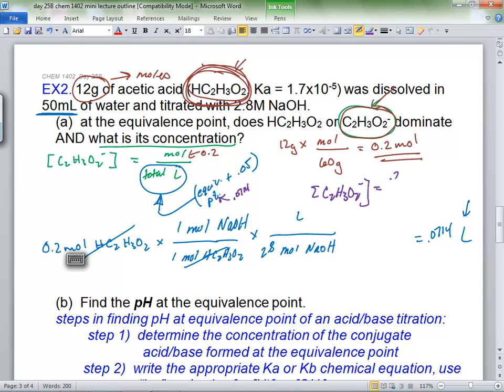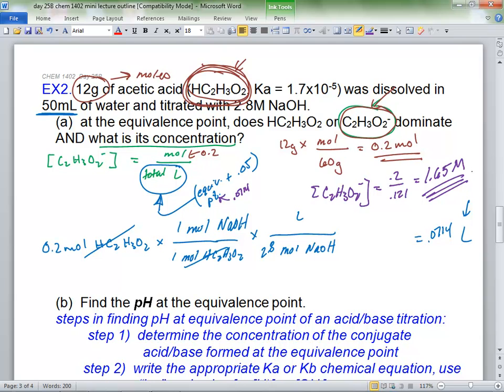It's going to be the 0.2 divided by that total plus 0.05, about 0.121. I end up about 1.65 or so. That's what they wanted. What is this initial concentration?